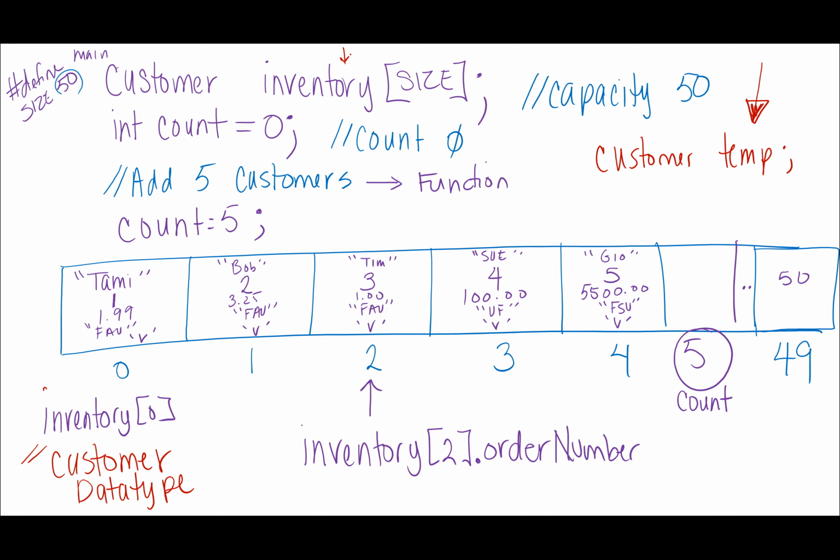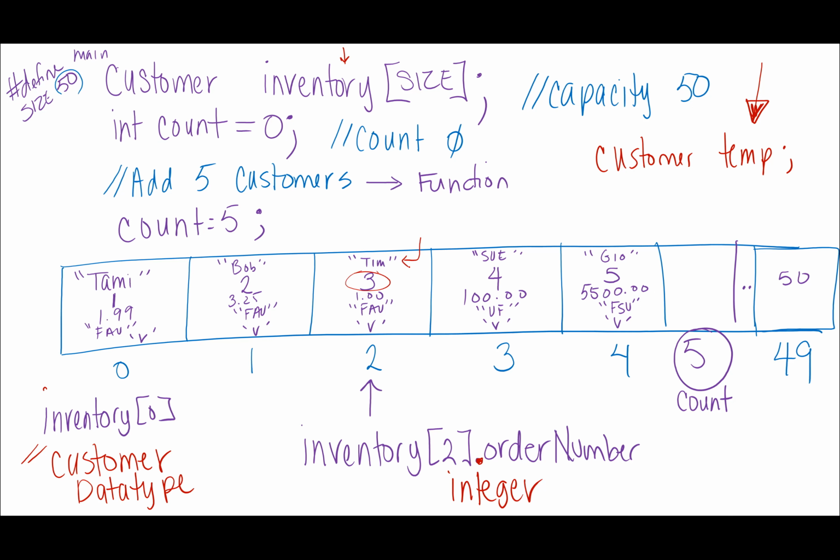The data type of inventory at index 0 or index 2 or any index dot order number is an integer. If you look at the visual, I'm going to my customer at index 2, my customer dot order number, and that data type is an integer.